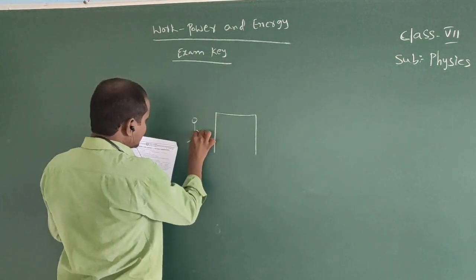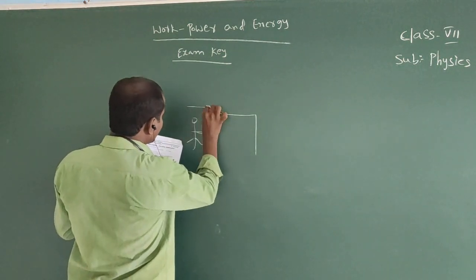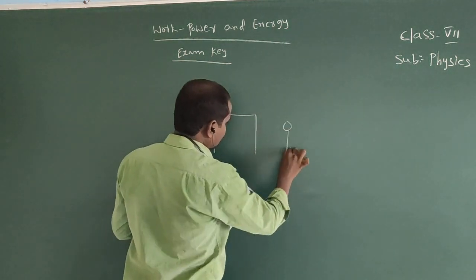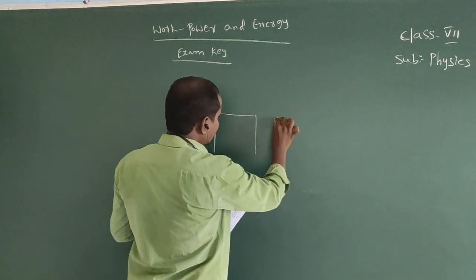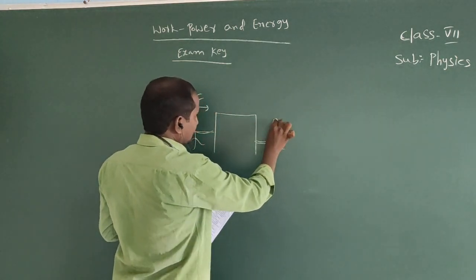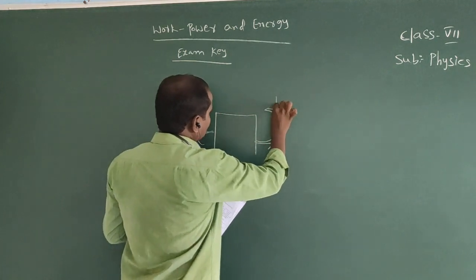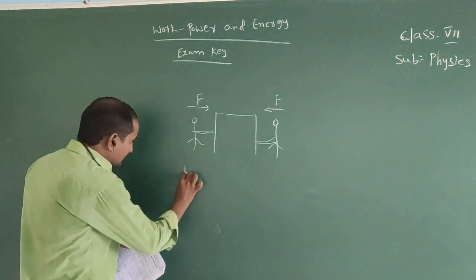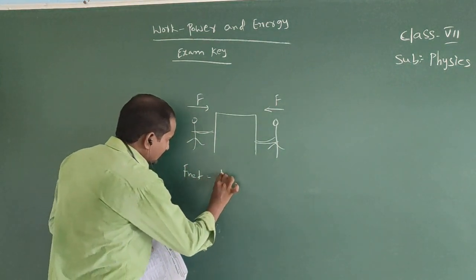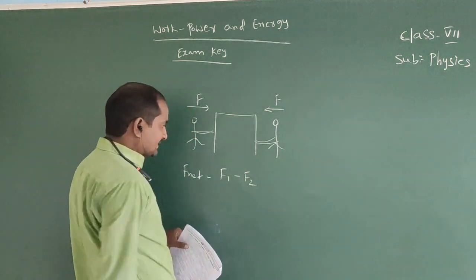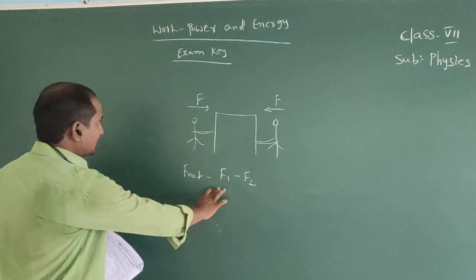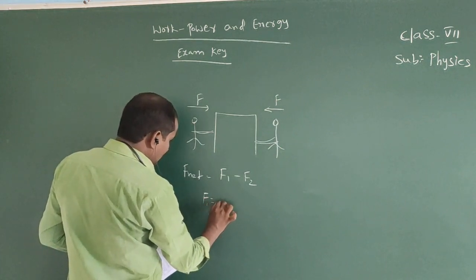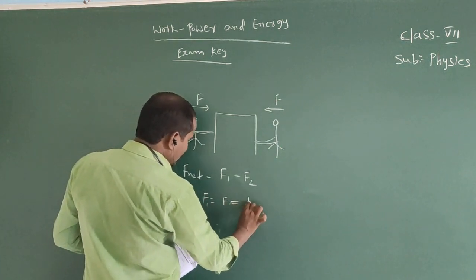Here two members are pushing the table with an equal amount of force in opposite directions. Then F net equals F1 minus F2, the greater force minus the smaller force. So here F1 equals F and F2 also equals F.